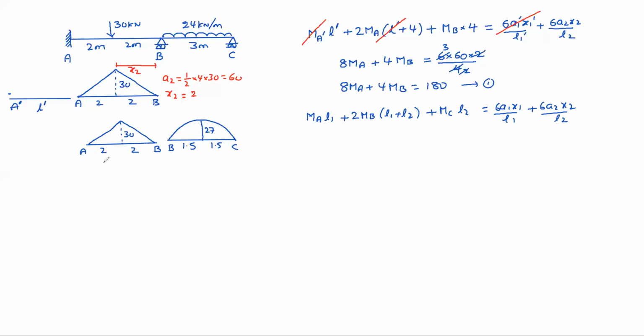Here A1 equal to half into 4 into 30, that equals 60, and x1 is this one, x1 equal to 2. Here also A2 equal to 2/3 into 3 into 27, 54, and x2 is this one, 1.5.